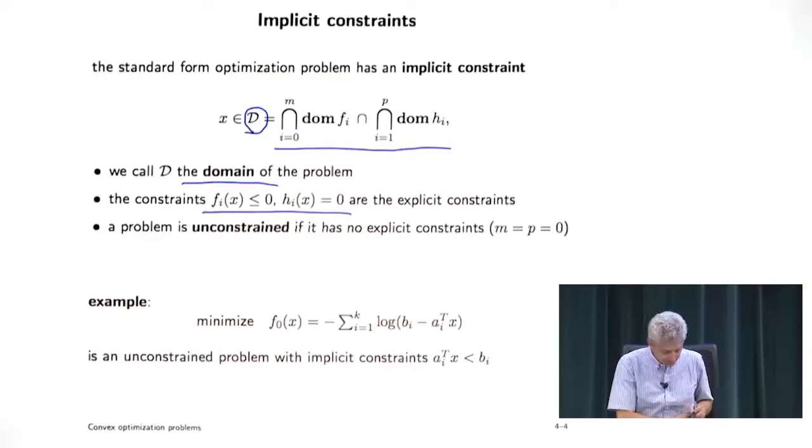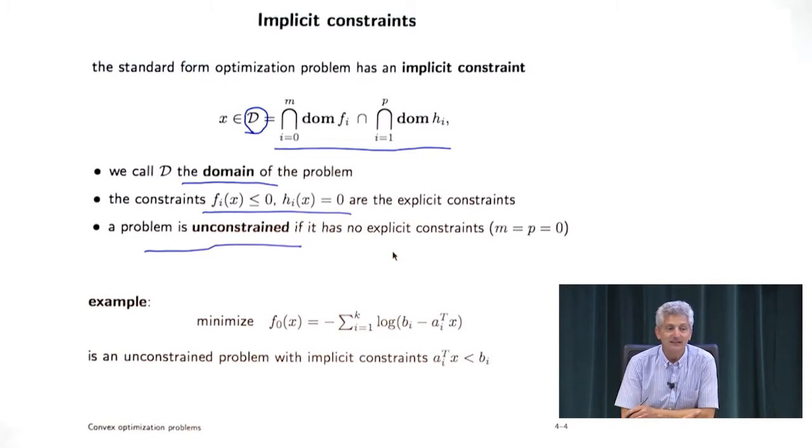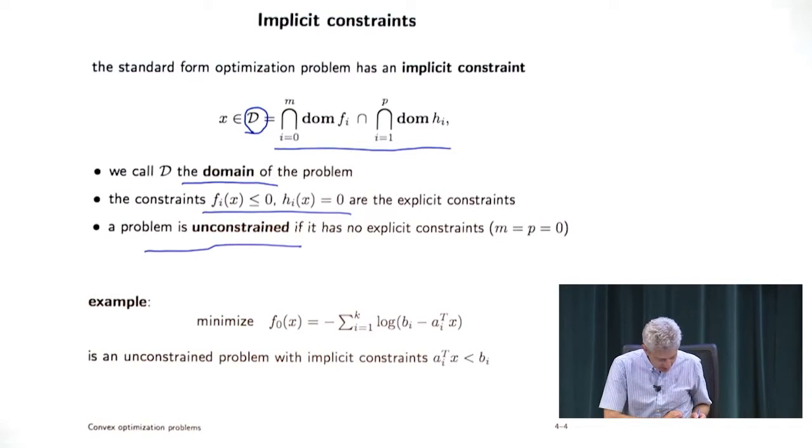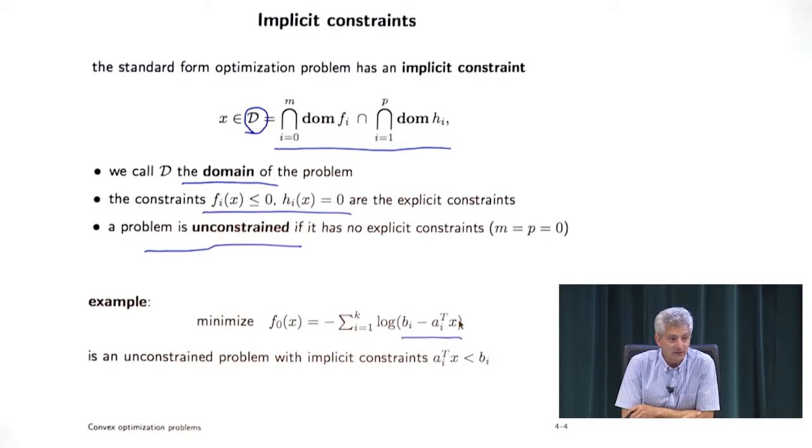So, okay. Now, a problem is unconstrained if it has no explicit constraints. I mean, you can have implicit constraints. Here's an example: minimize f0 of x, which is the sum of minus log of (bi minus ai transpose x). So here's just one f0. There are no fi's, no hi's.